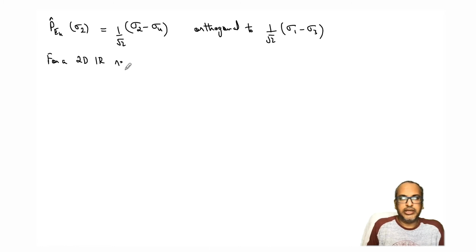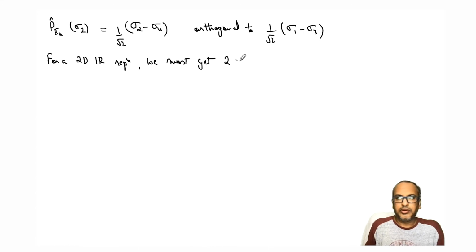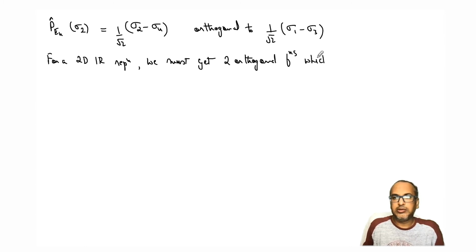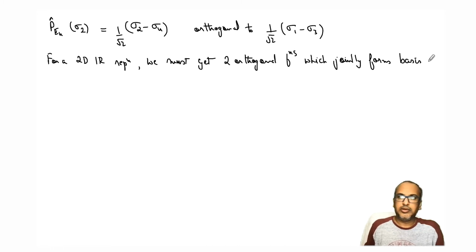2D IR representation we must get two orthogonal functions, and you can of course normalize them, so that's why they are orthonormal, which jointly form the basis for the representation.